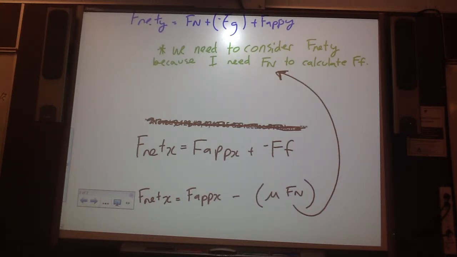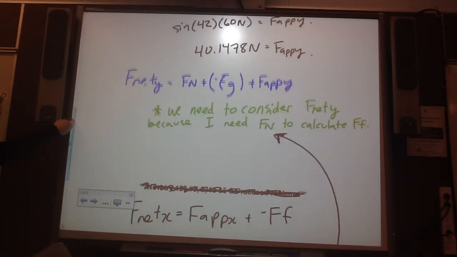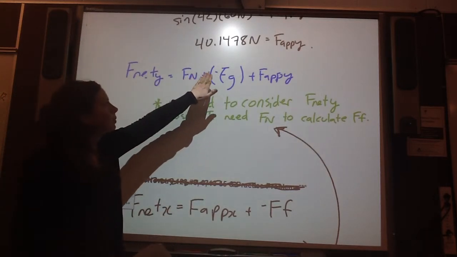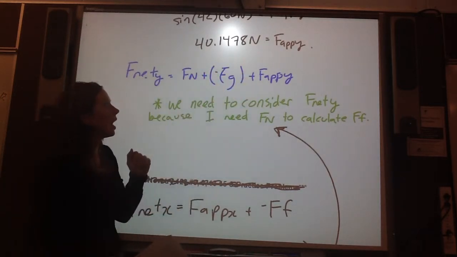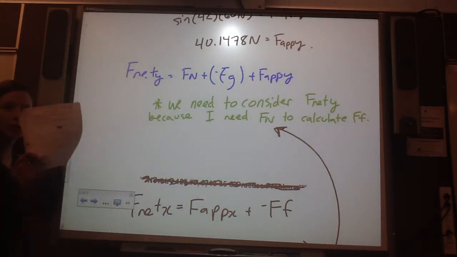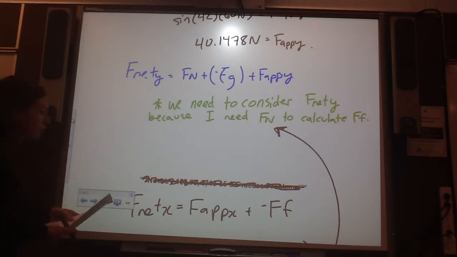I'm gonna grab my coat, it's kinda cold. Are we with me? How are we doing? So is Fn still negative Fg? Maybe I should continue and you might see. Because we need to have Fn plus negative Fg plus F_app y. So we need to consider all of them. Is it just because the angle is going to result in something? Exactly, yes, it is.